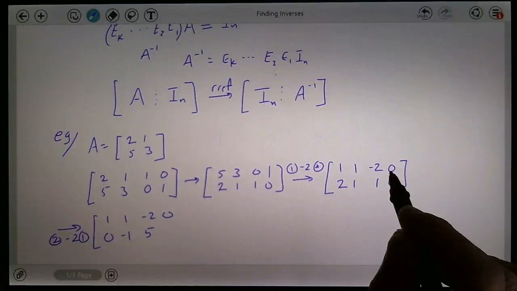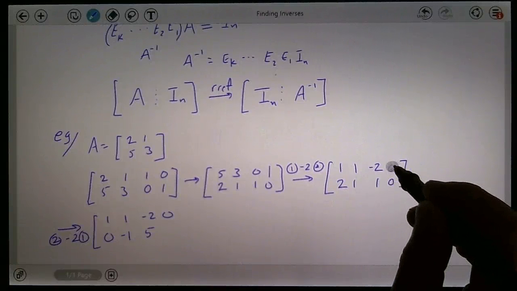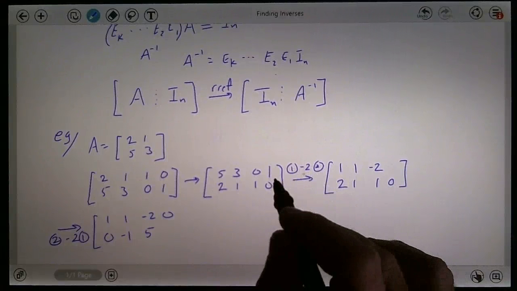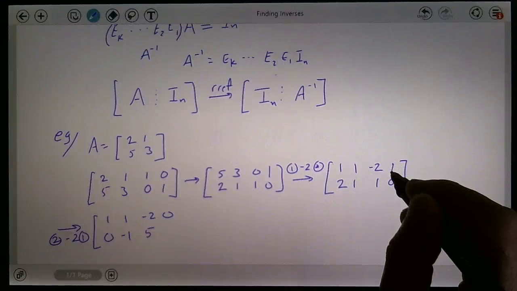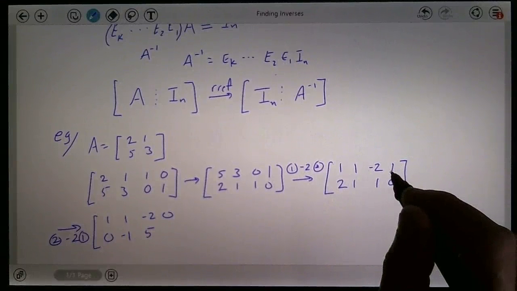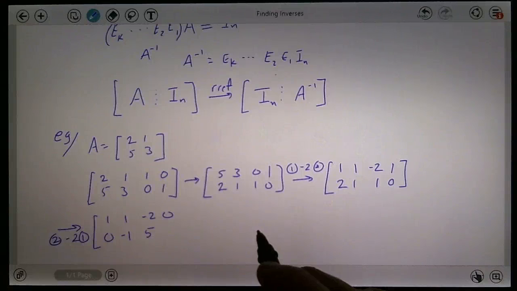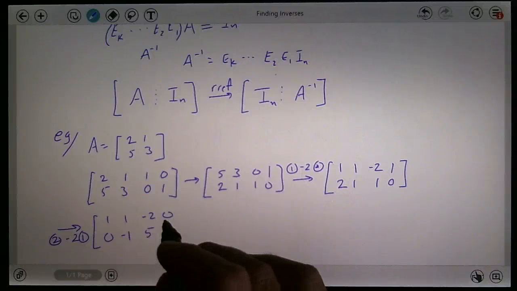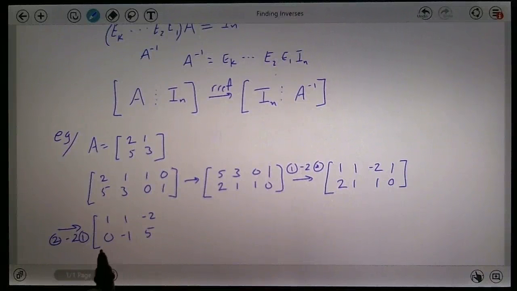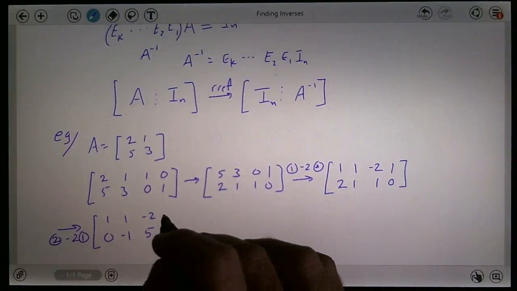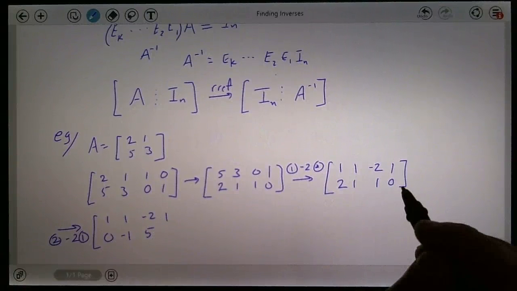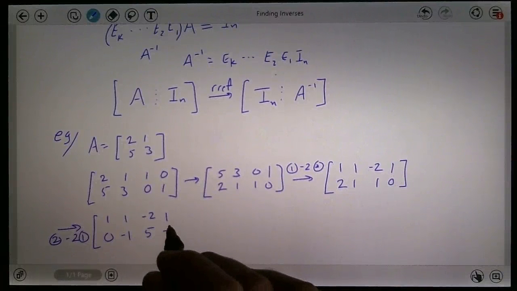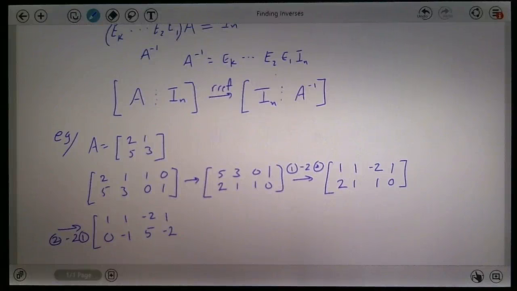I think I made a mistake right there. This was supposed to be row 1 minus 2, so this is 1 minus 0, which is 1. You probably already caught that. Let me try this again. This one was left alone, so that's a 1. And then I have row 2 minus 2 times row 1, so that should be a negative 2, I think.